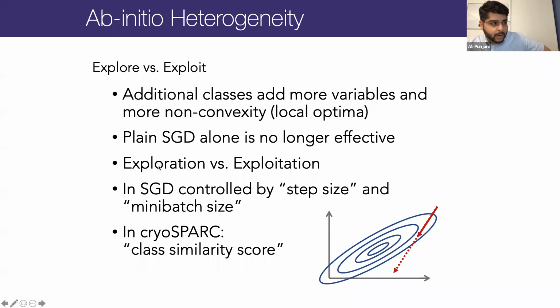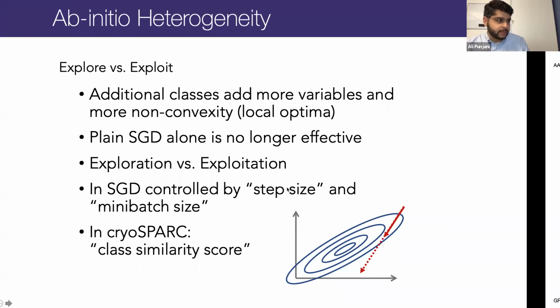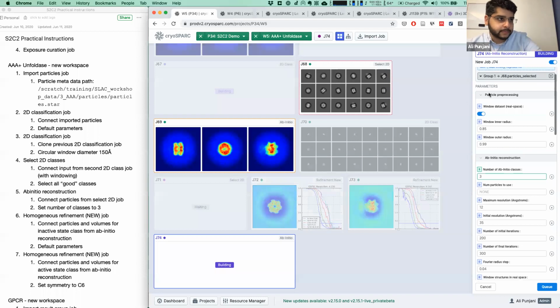We can somewhat modulate the exploration versus exploitation trade-off by using something that in CryoSPARC we call a class similarity score. In terms of the actual optimization method, there are a few mathematical parameters that could be changed. We've squashed those all into one parameter that has a somewhat interpretable value. So I'll just switch back over to CryoSPARC and show that.